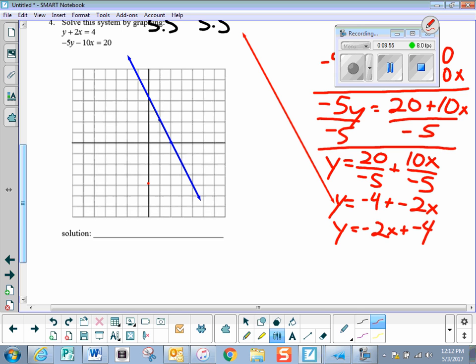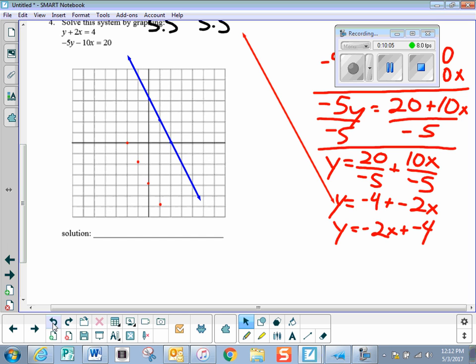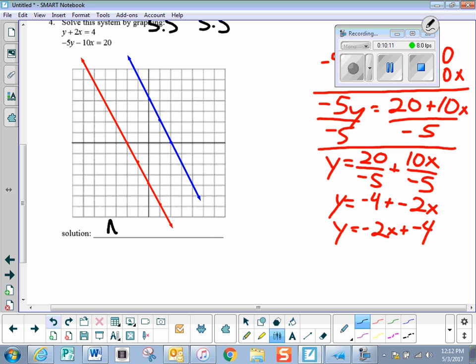So I start at -4 and I go down 2, right 1, or up 2, left 1. And I end up getting parallel lines, so there's no solution.